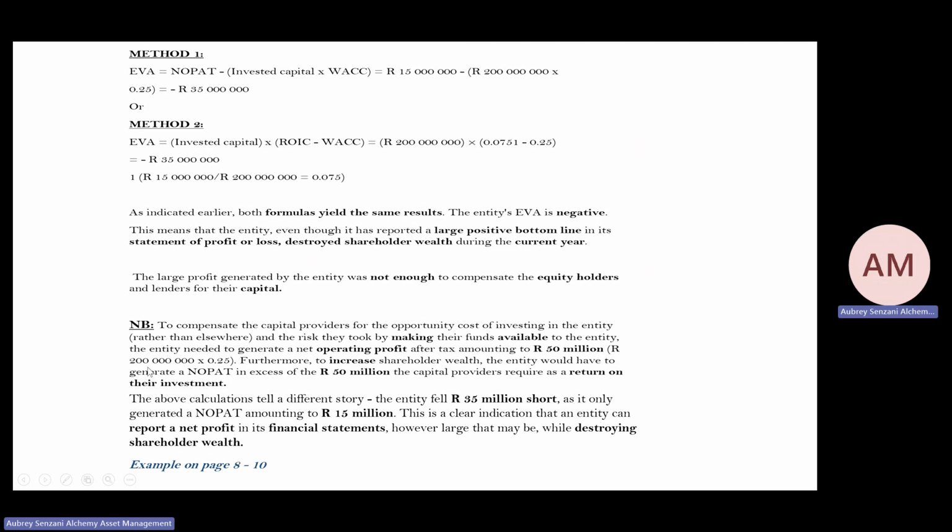We calculated this earlier: 100 times 25% is 25 million, and then times 200, I double that to get 50 million. We only made 15. So you can see already the shortfall of 35 million. So again, we're just reiterating that these assets we've invested in are actually diminishing shareholder wealth.